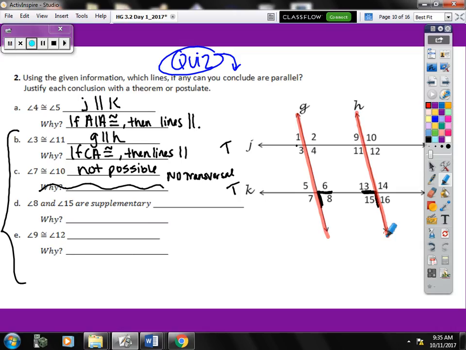They're inside of the red lines. And, Emma? Same side interior. Good. Same side interior. Some students will think they're same side exterior because they see them outside of these lines. Make sure you're looking at the red lines. So this one should be G is parallel to H. If same side interior angles are supplementary, then the lines are parallel.